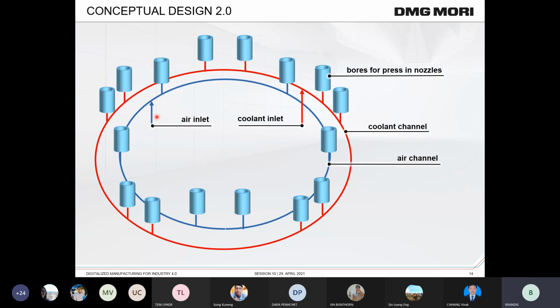So we have here the air inlet. And normally it's enough to add fewer air nozzles than coolant nozzles. So we have here two coolant nozzles, then one air nozzle, again two coolant nozzles, one air nozzle, and so on. And this was our conceptual design.